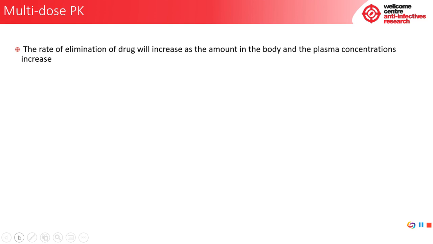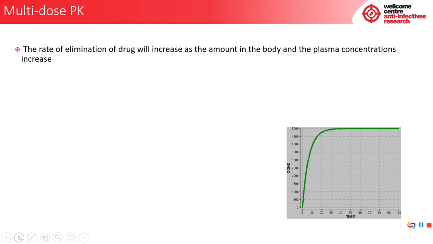Multidose PK. In multidose PK, the rate of elimination of a drug will increase as the amount in the body and the plasma concentration increases. So, starting from a low concentration and at some point reaching maximal concentration where the rate of output is the same as the rate of input.